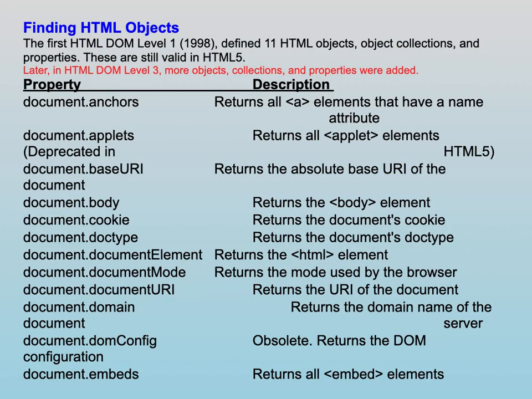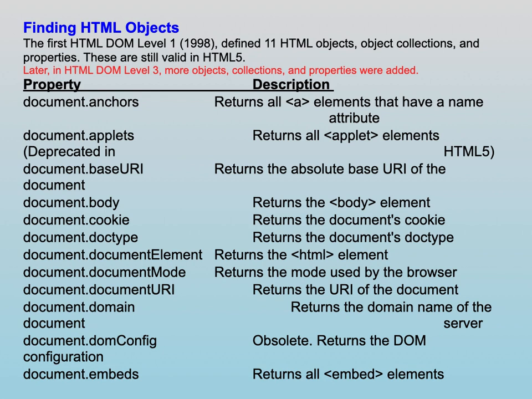Finding HTML objects. The first HTML DOM level 1, in 1998, defined 11 HTML objects, object collections and properties. These are still valid in HTML5. That means backward compatibility is there.